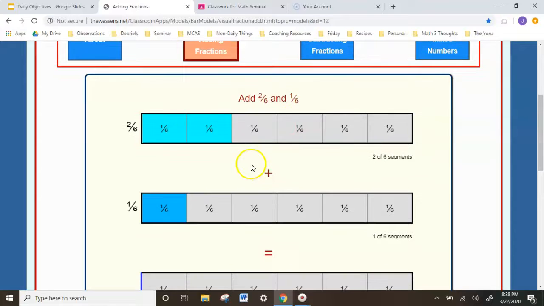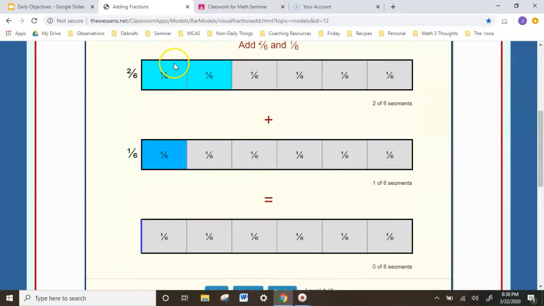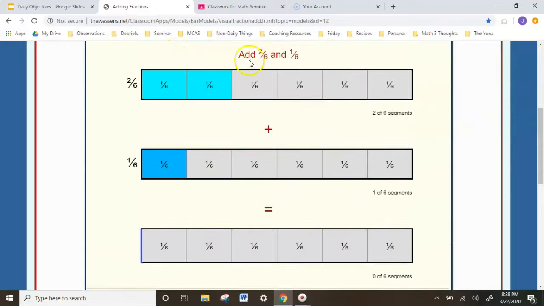Now, this is easy. Eso es fácil, because each of these parts are all the same. So cada parte acá son la misma cantidad. So if I want to add, sumar, 2/6 and 1/6, I'm going to take these two parts, 1, 2, and place them down there.